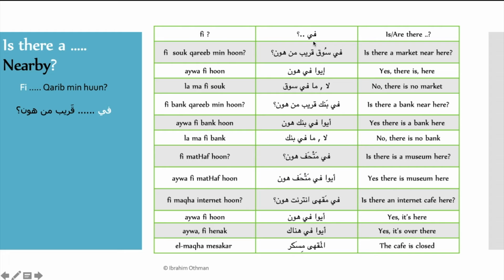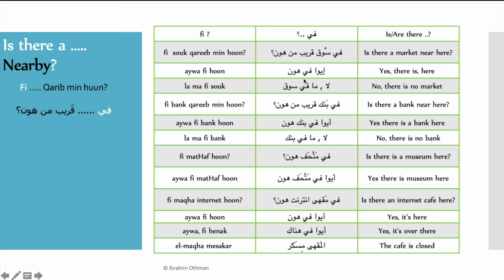So fi means is there or are there. And if you want to say is there a market nearby here, you would say fi souq qarib min huna. And here you could either read the Arabic or the English transliteration, romanization, depends how you identify it. And the answer, people might say, aywa fi, yes there is. Or la ma fi, no there isn't.